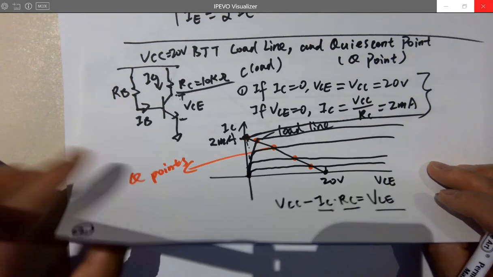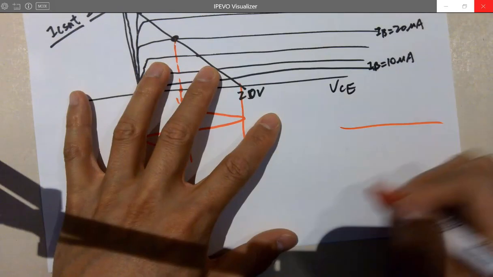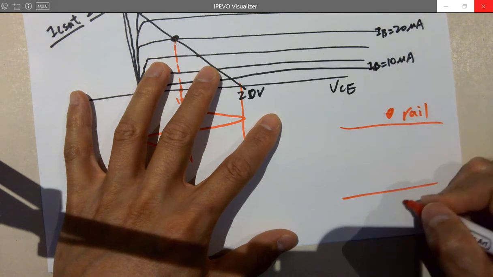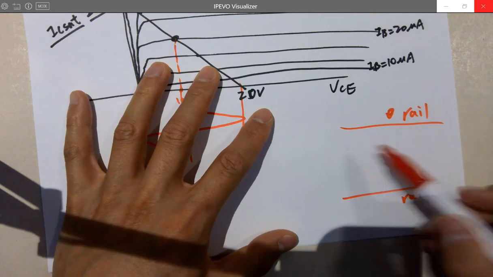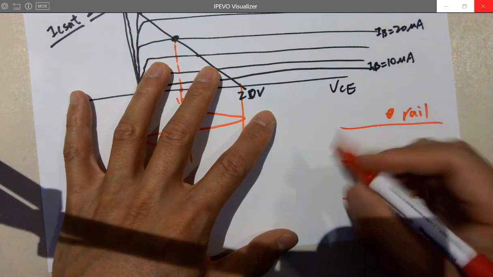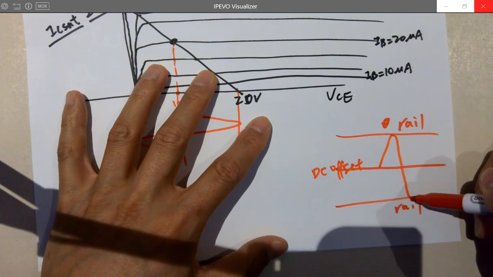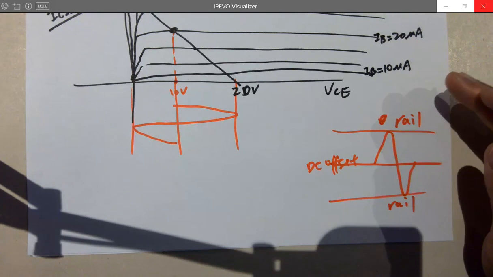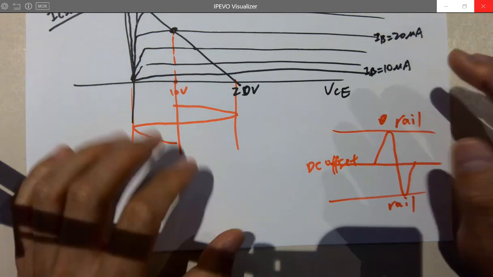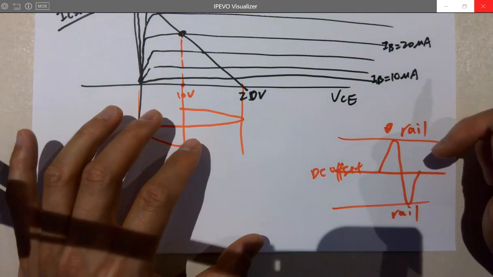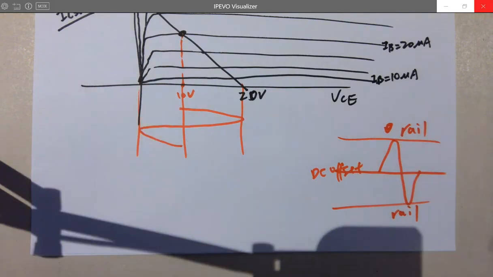We want to amplify it within the rail-to-rail voltage. For example, here's a power supply. That's a top rail, that's a bottom rail. Usually you want to set up the DC offset in the middle so you can get a symmetric swing of the signal. Why do you want this to be symmetric? Because the signal is from the analog world, it can swing upwards or downwards randomly at the same level.